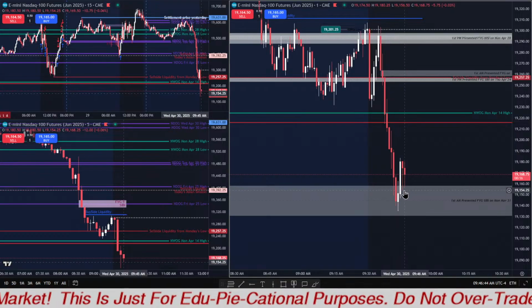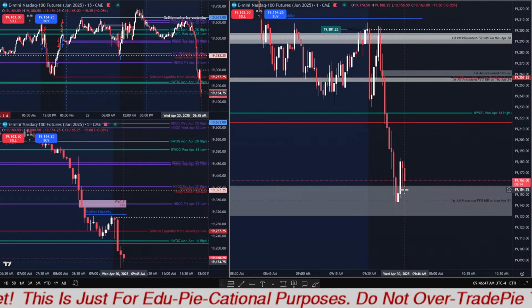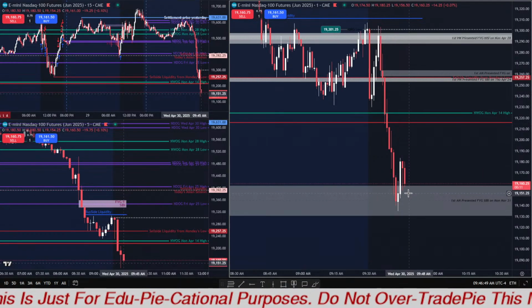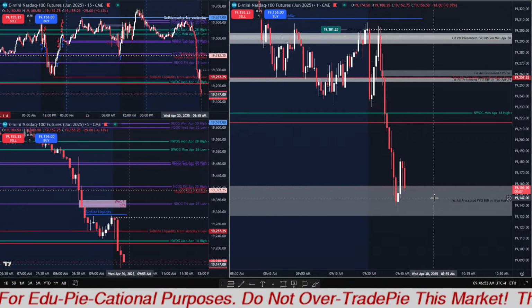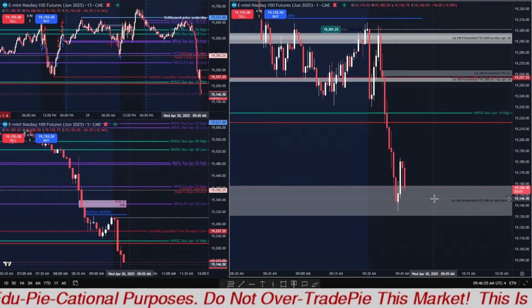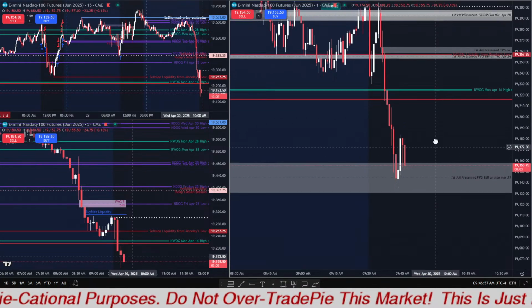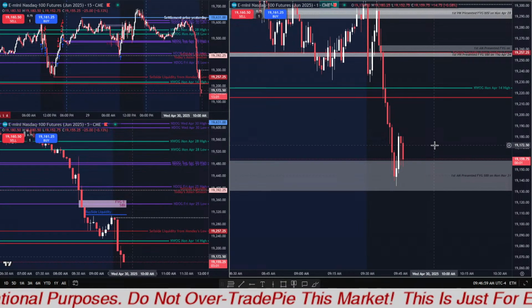I like the way this candle's low is happening over here. I expect this to stay higher than this red candle's low. That didn't listen to me. Apparently the market today is not my friend.